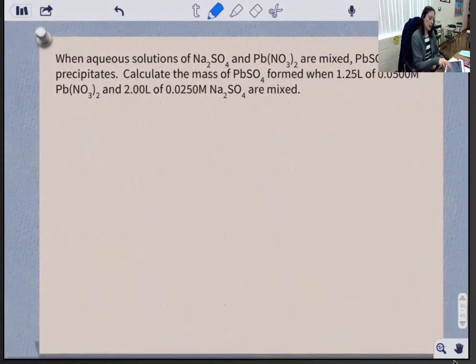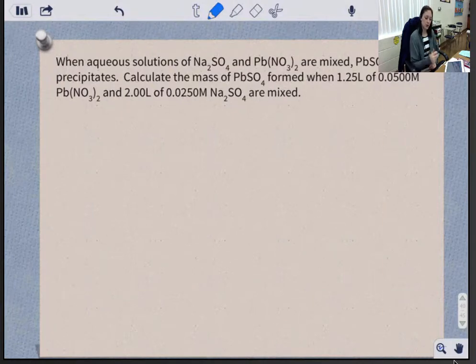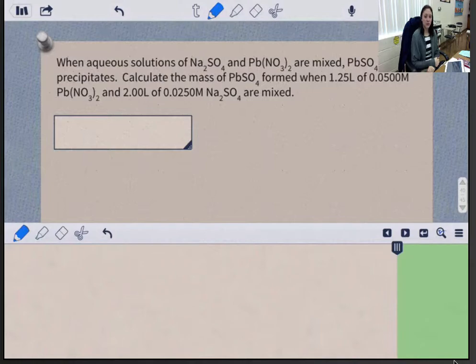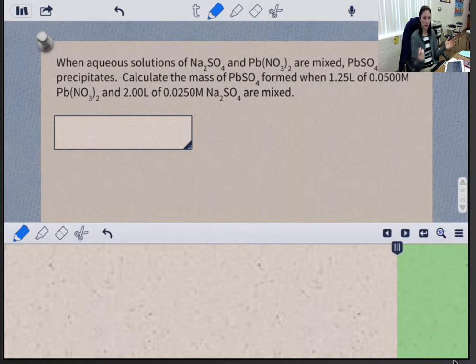Okay, so we'll look at an example here. I have aqueous solutions of Na2SO4 and Pb(NO3)2 that are mixed, and PbSO4 precipitates. I'm going to calculate the mass of PbSO4 that's formed when I have those two amounts of my solutions that I start with. So the first thing you want to do, like I said, is write the reaction in case it's not 1-to-1. Plus it helps you see the reaction.